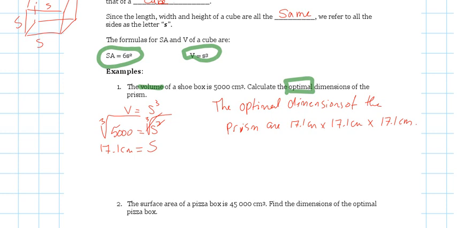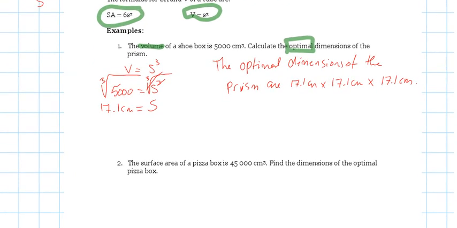So I'm going to add to this question. I'm going to say part B, what is your optimum surface area? What would you say? How would you find your optimum surface area?